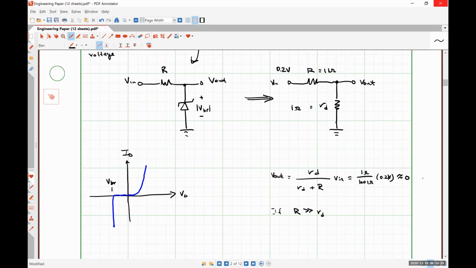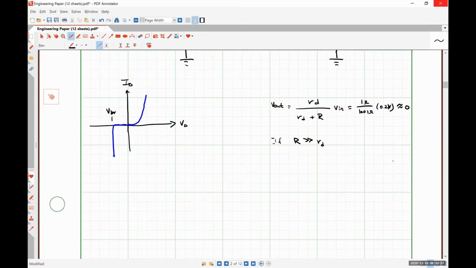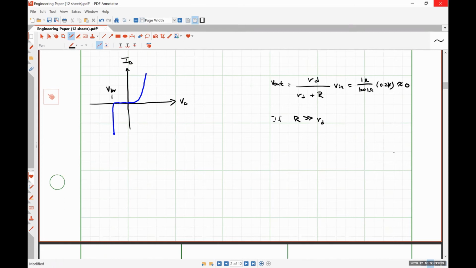All right, so before we move on here, I want to talk about 2 figures of merit for voltage regulator circuits. The first of which is what's called line regulation, and I'm going to put in parentheses source regulation.